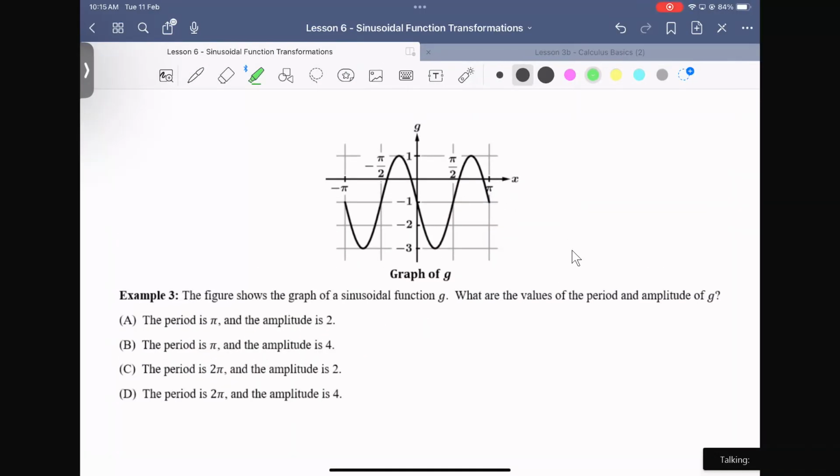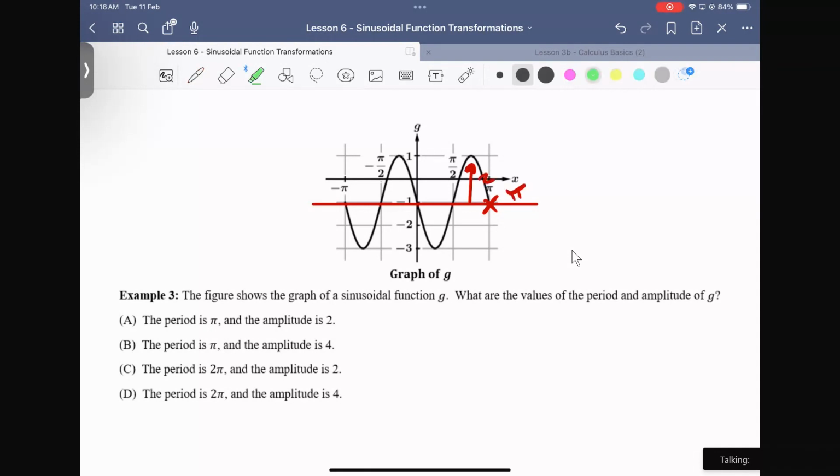Okay, so for this one, we need to determine what the period and the amplitude is. We can see here in the graph, the midline is going through here. We can see the period is going to be pi, and we can see that the amplitude is going to be 2. So this is 2, this is pi.